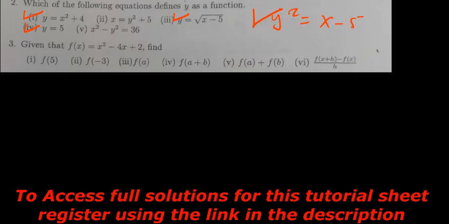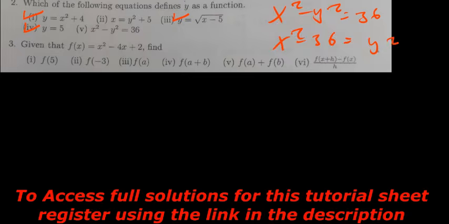What of this one? If I make y the subject of the formula, what I will do is this: it's x squared minus y squared is equal to 36. So I'll shift y to the other side. So I'll have x squared minus 36 is equal to y squared. As long as y is squared or raised to a power 3 or to the power 4, that does not define y as a function, because I cannot have two values of y mapping to one value of x.